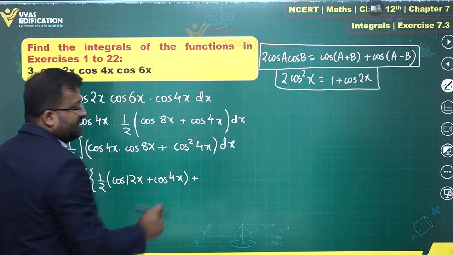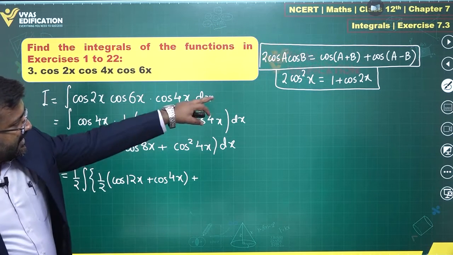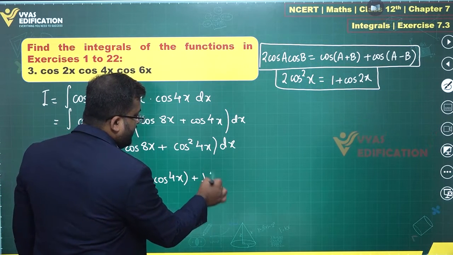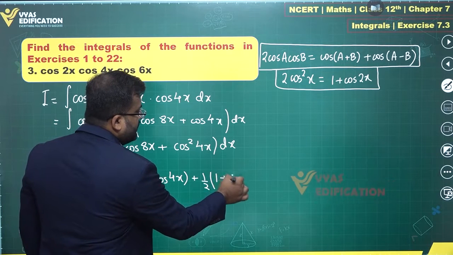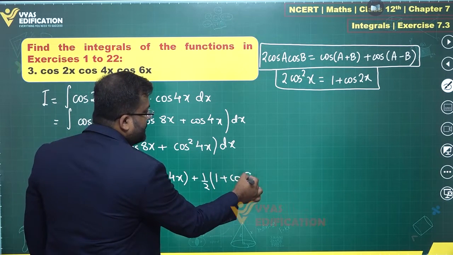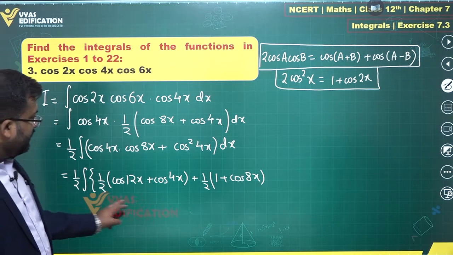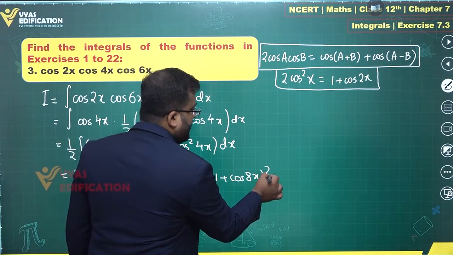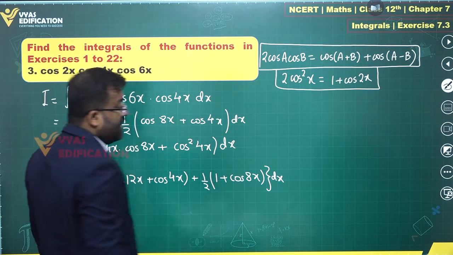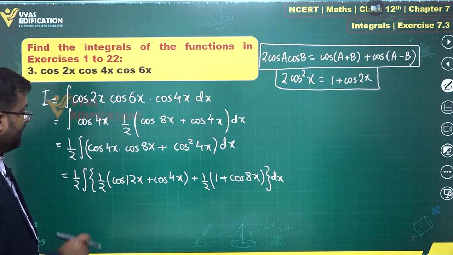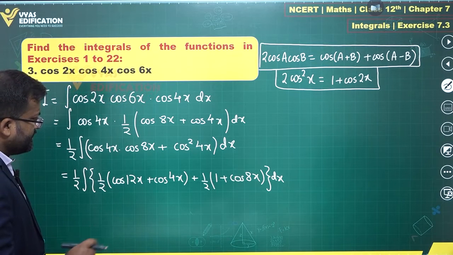Plus you have this term, cos square 4x. That can again be written with the help of that as half times, in the bracket you have 1 plus cos of double this angle, which is 8x. This is what you have, right? So this curly bracket opens the first term, and the second term this curly bracket gets closed. Okay, respect the brackets, right? Don't miss out on the brackets, and if you do that, you will not face much difficulty.